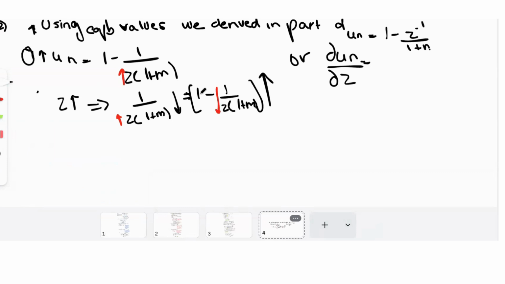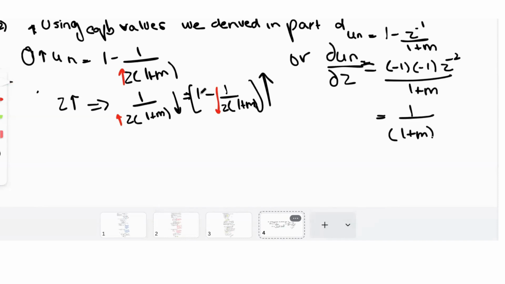When I take the derivative with respect to Z, the power comes down and we reduce the power by 1. So the derivative becomes 1 by (1 plus m) Z squared.